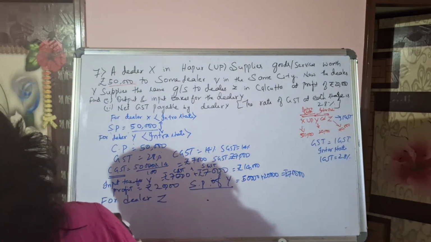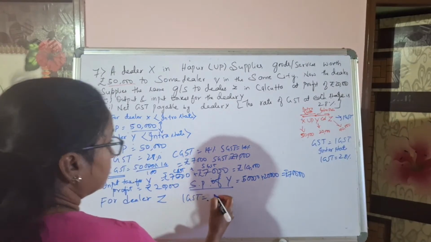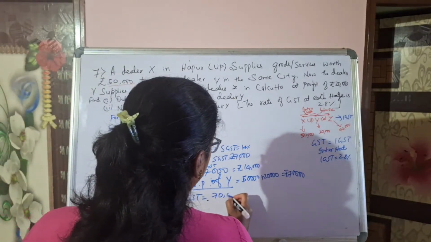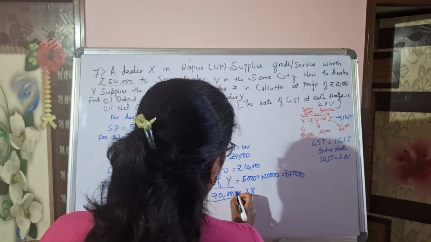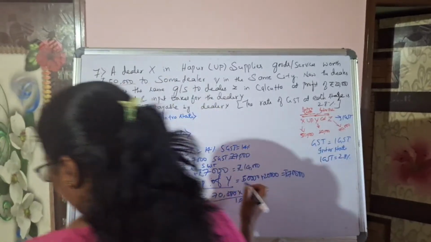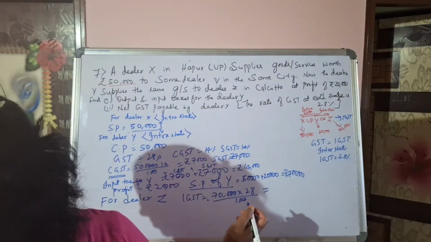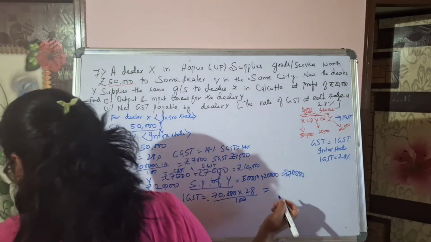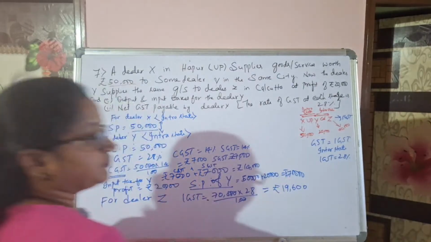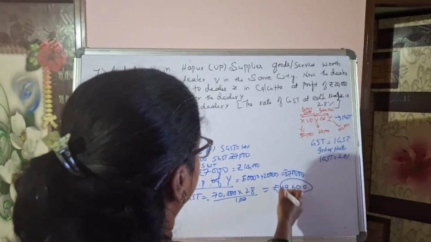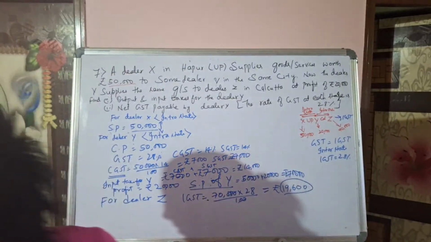So for dealer Z, IGST is equal to 70,000 of 28% divided by 100, which is equal to rupees 19,600. So this is the IGST amount for dealer Z.